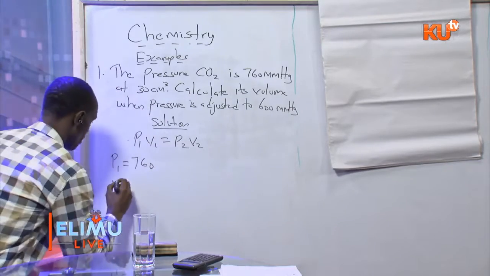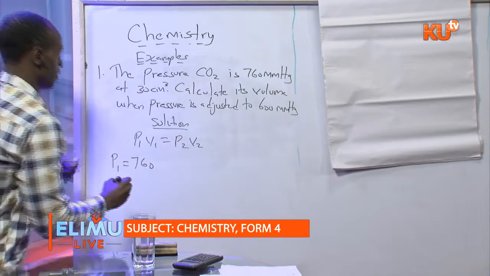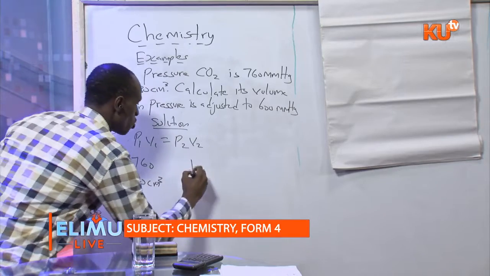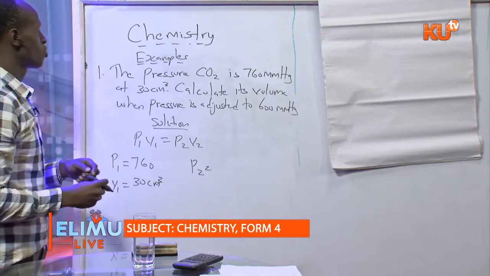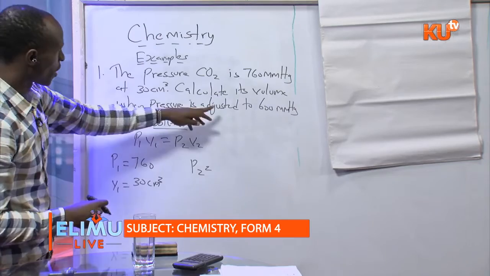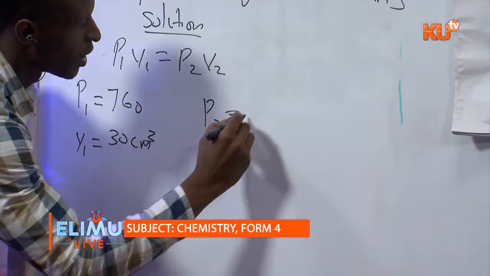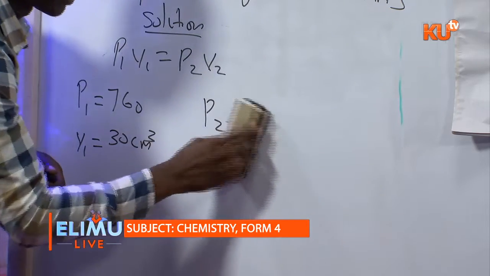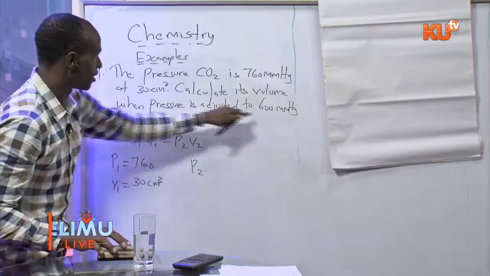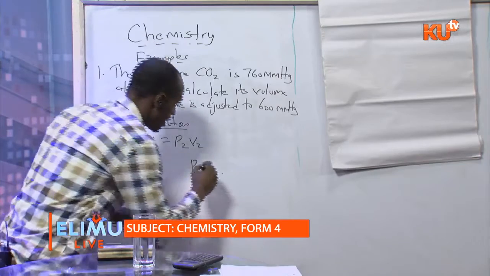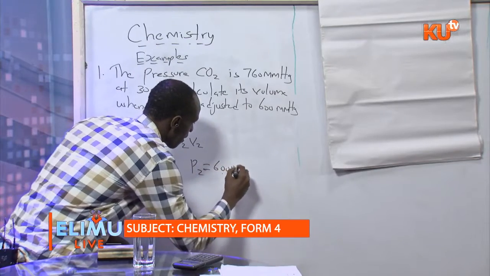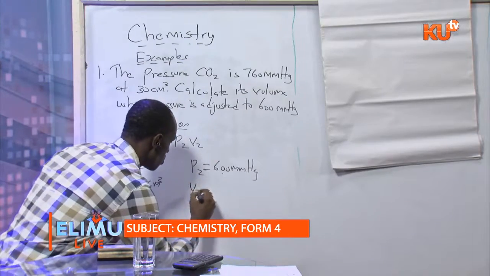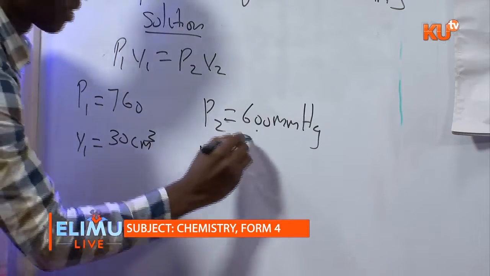What's your V1? The initial volume was 30 cm cubed. P2 we have been given, it's 600 mmHg. V2 is what we are calculating.